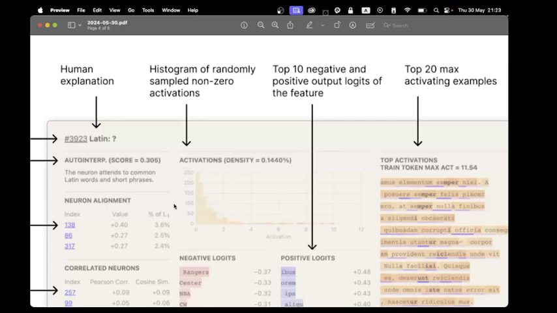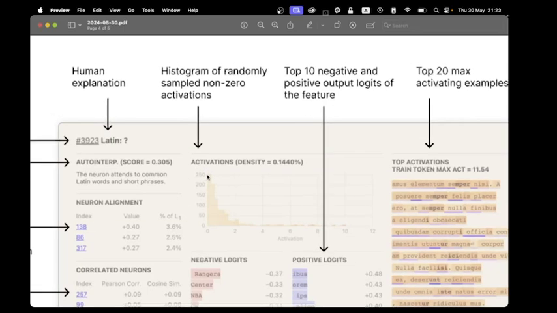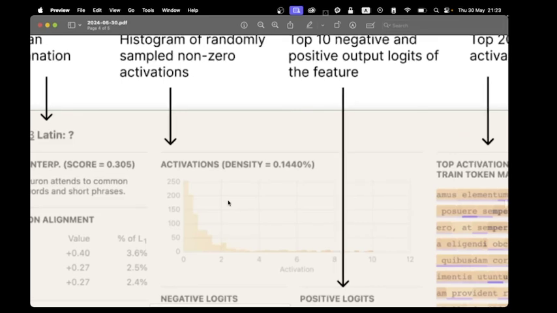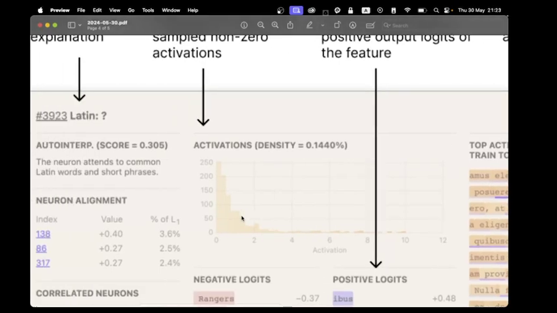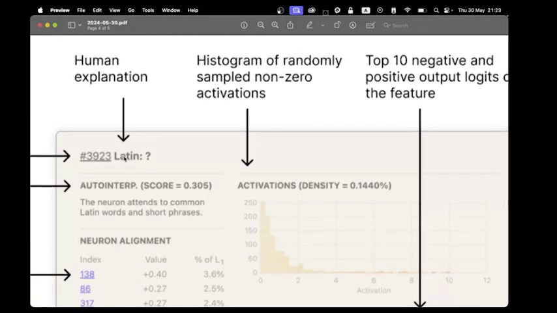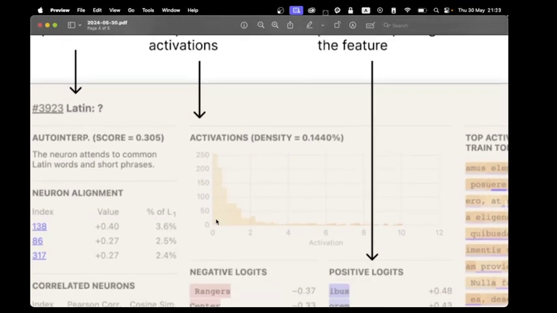Why it's interesting to plot activations is because some features are going to be like the expected thing: in most cases, it doesn't activate, but you would expect some features to be very general. Like maybe a feature for English language is going to be activated a lot of times, and this is a feature for Latin, so maybe not very often seen in the dataset.